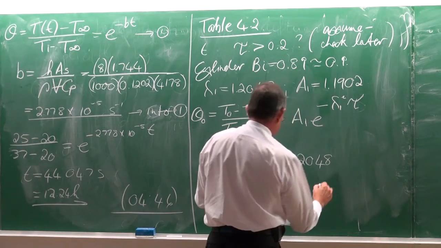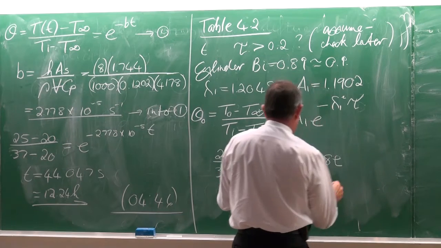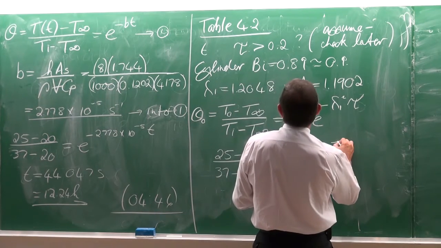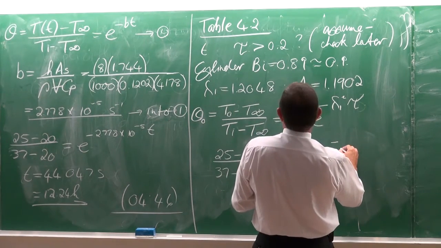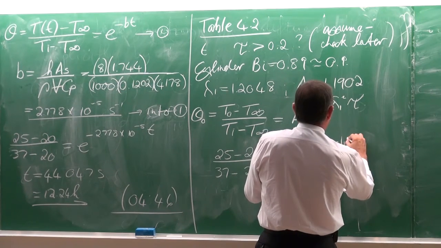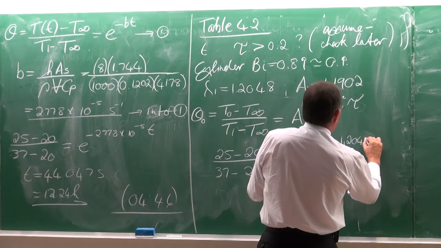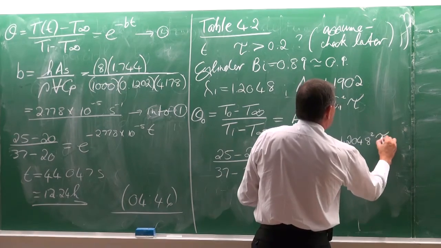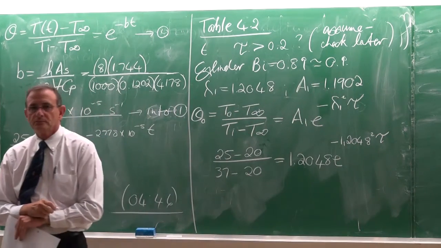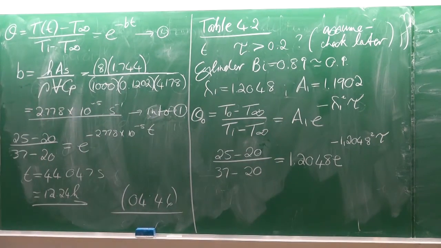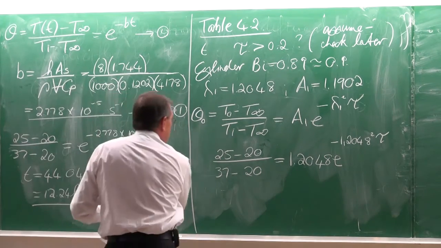1.2048 e to the minus lambda 1.2048 square multiplied by tau. Sorry, A1, did I write it?